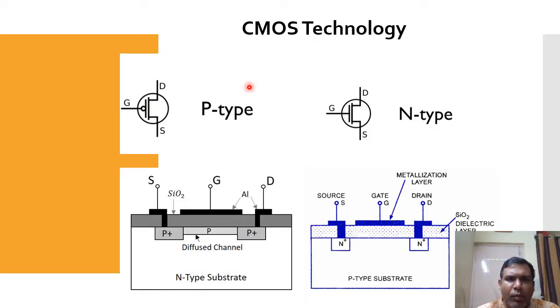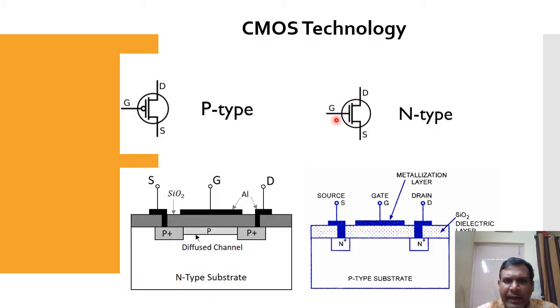So CMOS is a combination of P-type and N-type MOSFET. Before going into the detailed discussion of CMOS technology, I want to explain the P-type MOSFET and N-type MOSFET. This is the schematic representation of the P-type MOSFET, where you can see three terminals: the gate terminal, the drain terminal, and the source terminal.